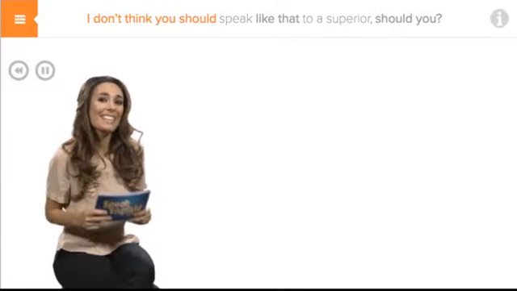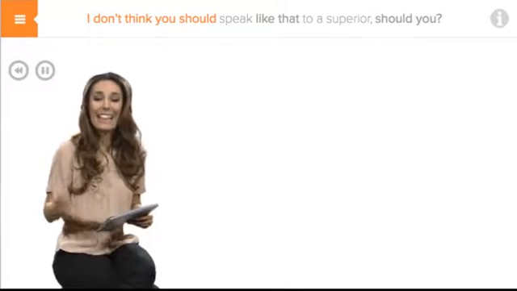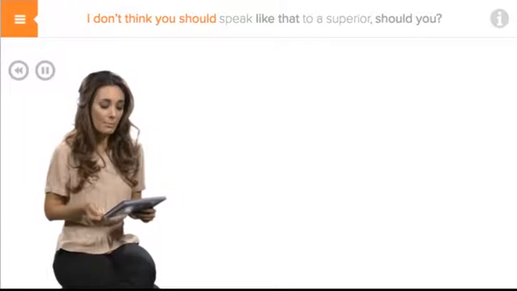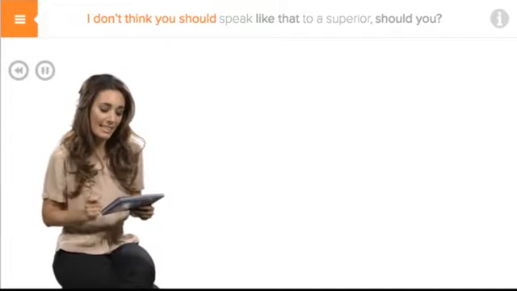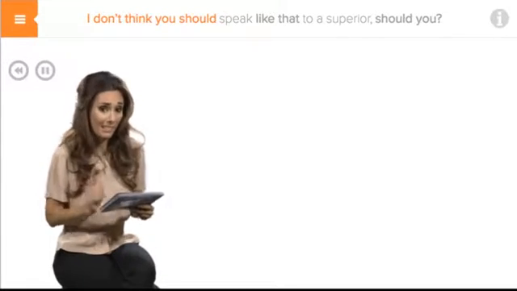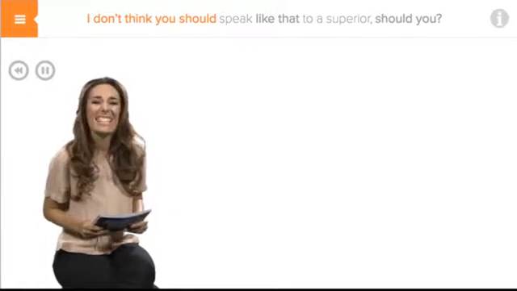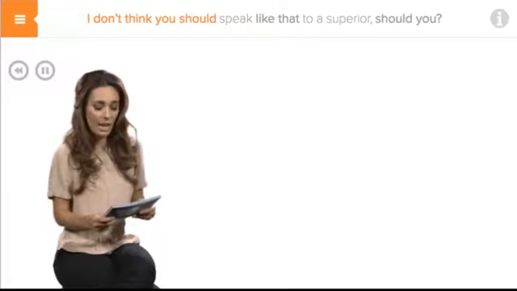Uno de los rasgos que caracteriza al anglosajón es la forma indirecta de expresarse. En este teaching point practicaremos eso, diciendo a alguien las cosas que creemos que no deberían hacer. Diremos, I don't think you should do this, and I don't think you should do that.